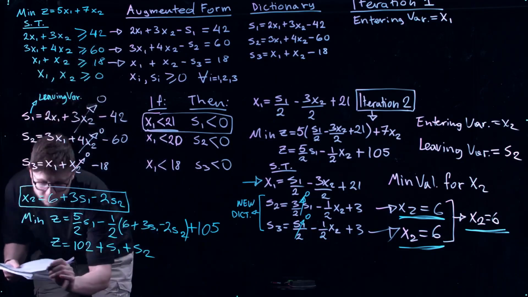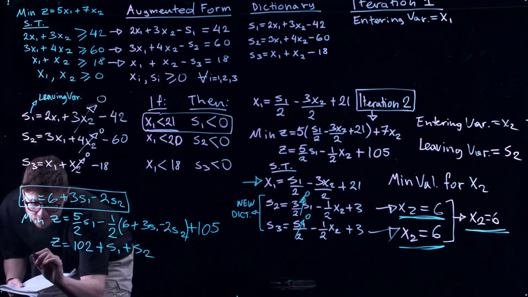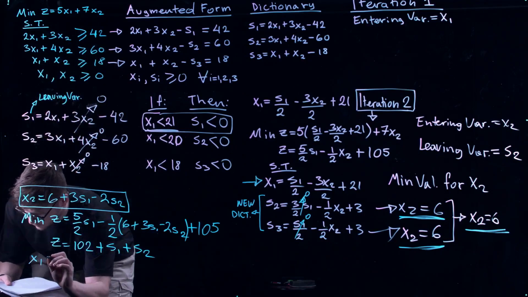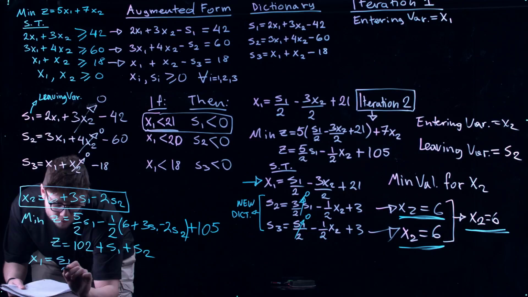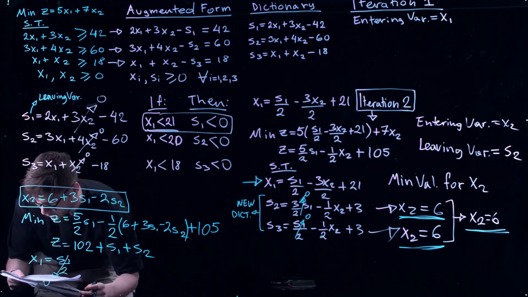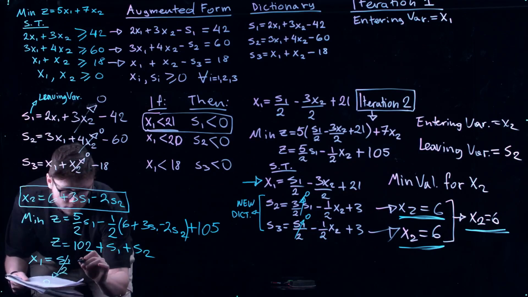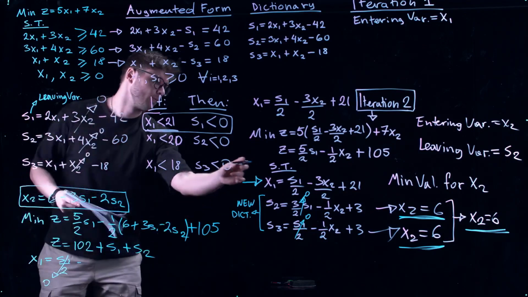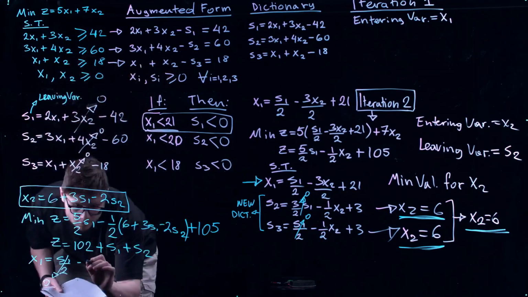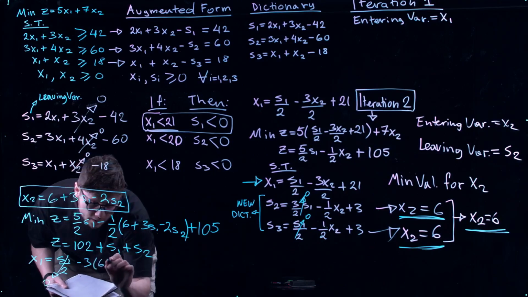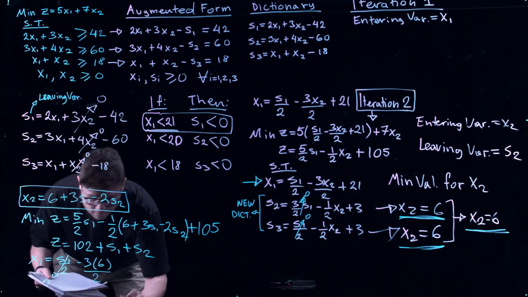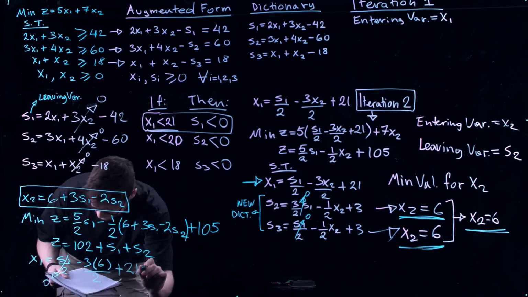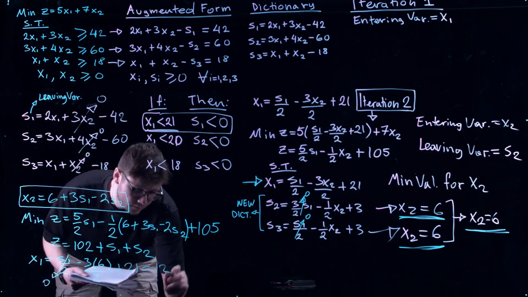So what we will have is x1 is going to equal S1 over 2 that we know is 0. We're going to have minus 3 times the x2, which is 6, divided by 2, plus 21, and we'll get a value of 12 for x1.